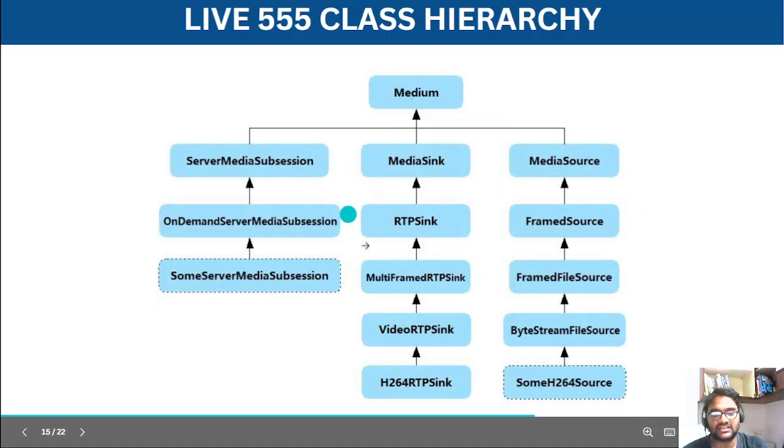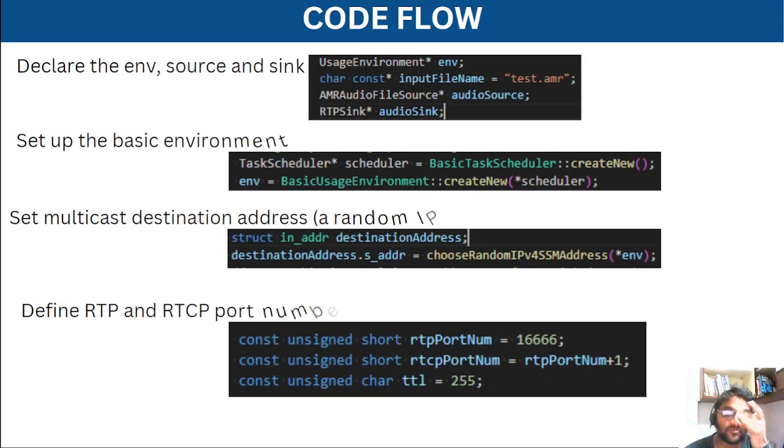These are the corresponding classes. Now we will see how, with this knowledge, we can create a server application in C++ which streams audio data, using APIs from the LIVE555 framework. First we need to create the audio source.